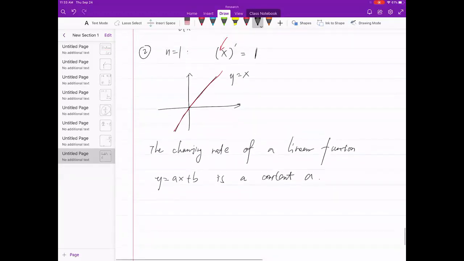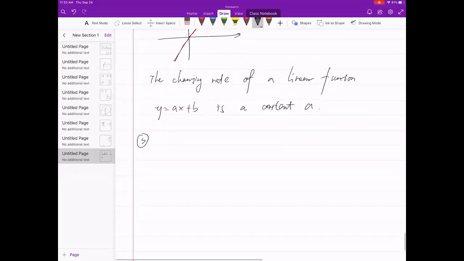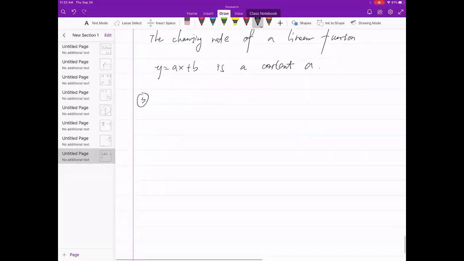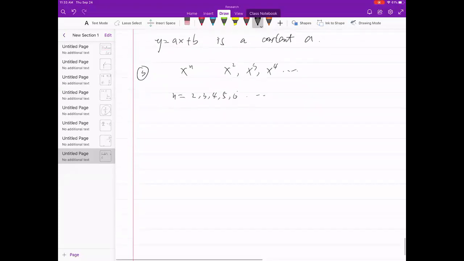Cool. Number 3, of course, we want to handle the general case. That's where we have x to the n, including x squared, x cubed, x fourth, and so on, for n equals 2, 3, 4, 5, 6 for integers.